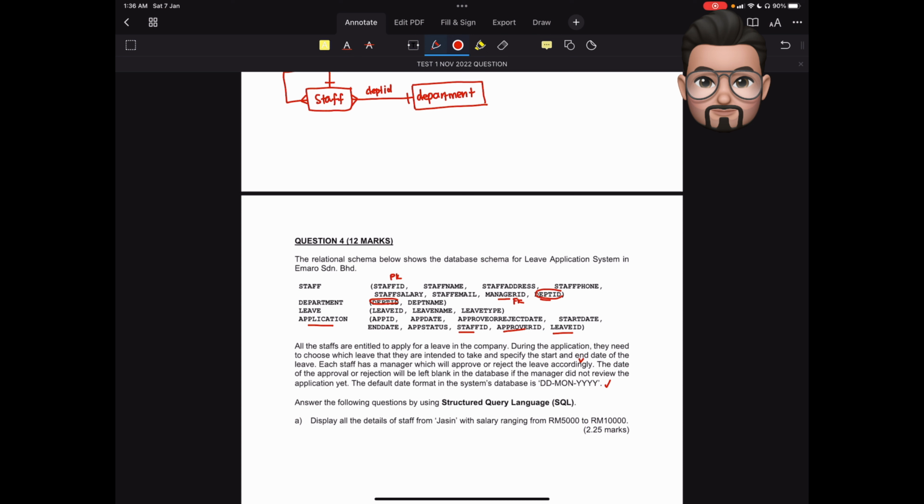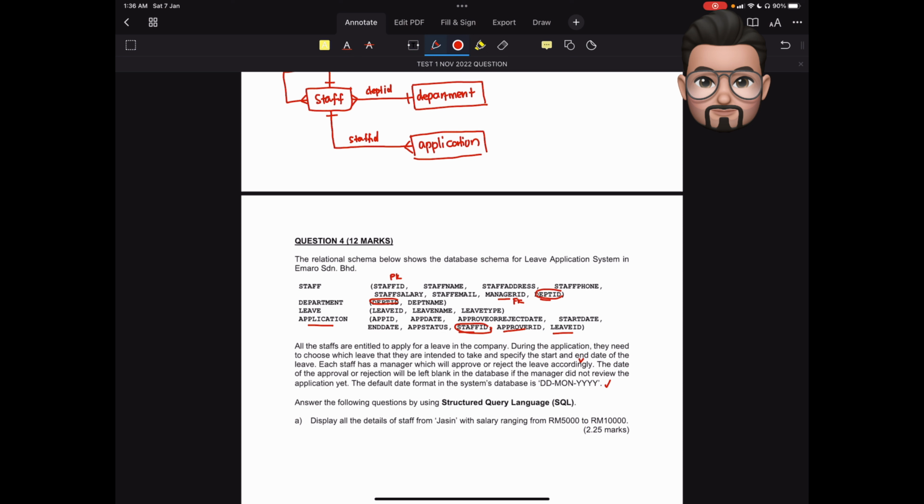So staff has a relationship with application first, because we have the staff ID over here. What's the common attribute? Staff ID. Since this is the bridge, the bridge will have the many side.